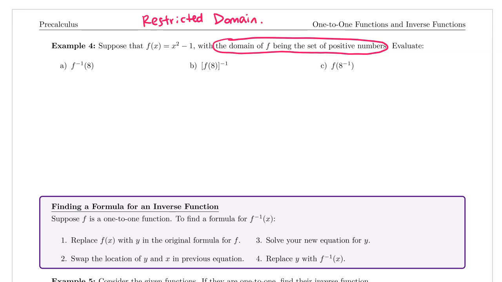Normally, this quadratic function has a natural domain of all real numbers, because a quadratic is a polynomial, and all polynomials have a natural domain of all real numbers. So what we're doing here is restricting our domain to be only the set of positive numbers.